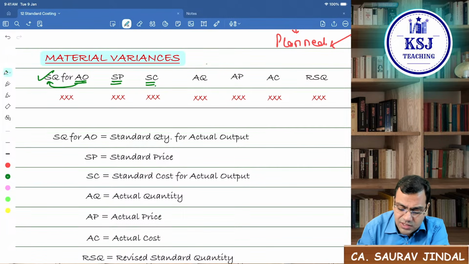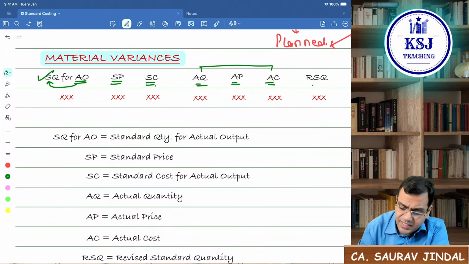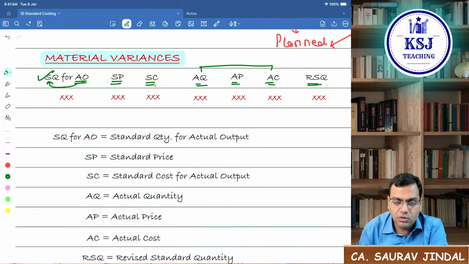Then the actuals will be there. Actual quantity, actual price, and actual cost is already there. Right? Revised standard quantity, I'll come to that later on. But for now, you need to understand standard quantity for actual output.